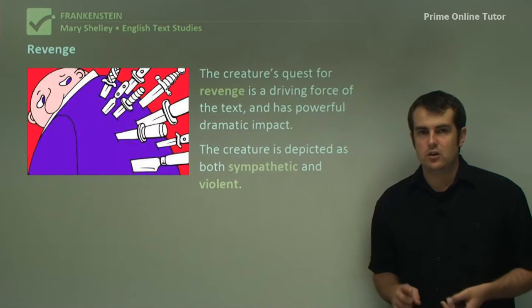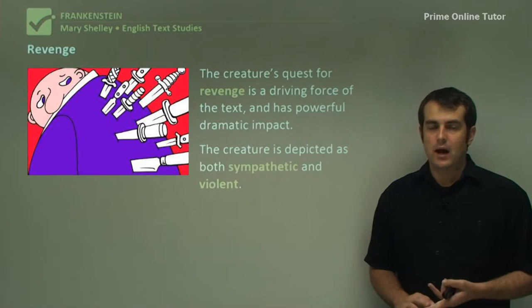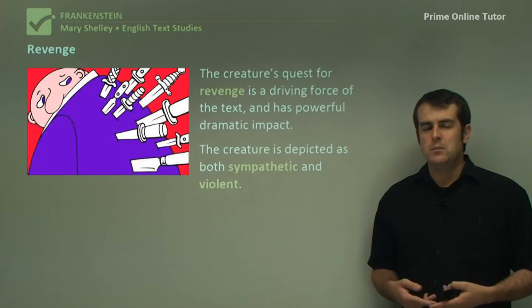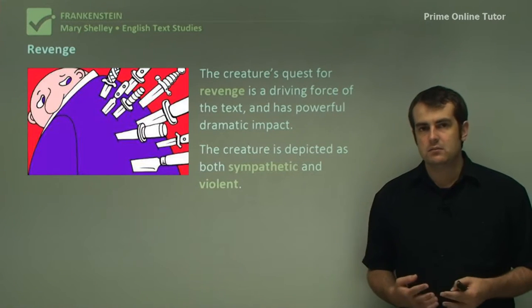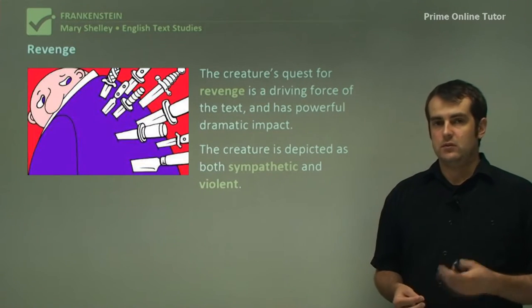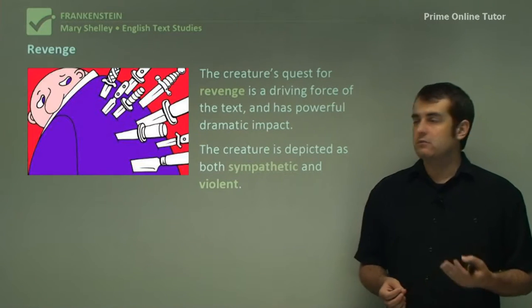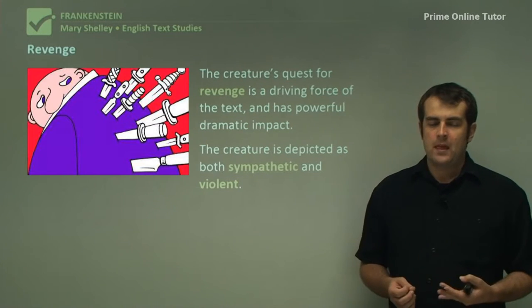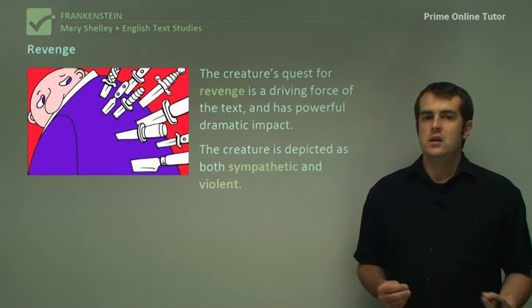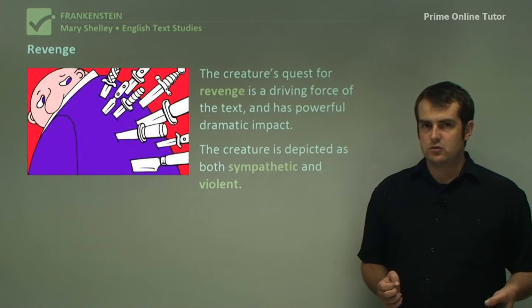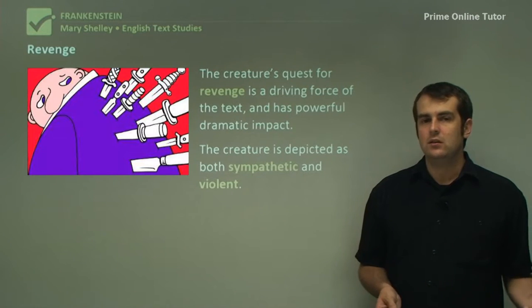He's not only very strong, he's also very smart. So the combination of strength and intelligence makes him quite threatening as a beast. And this is particularly the terror that Frankenstein has to go through as he watches this creature take out the people in his life.